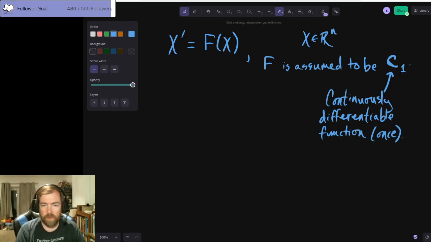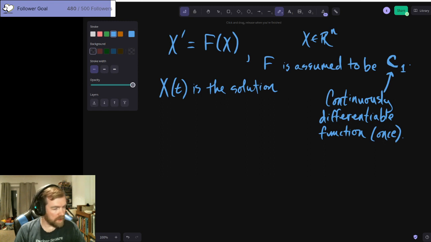Okay, so for this particular system, we're going to have a matrix big X of t, which is going to be the solution for this differential equation.